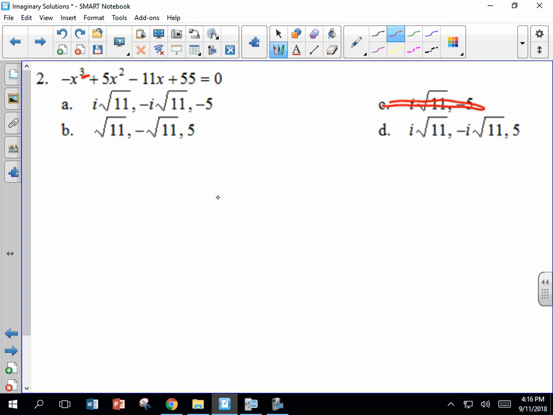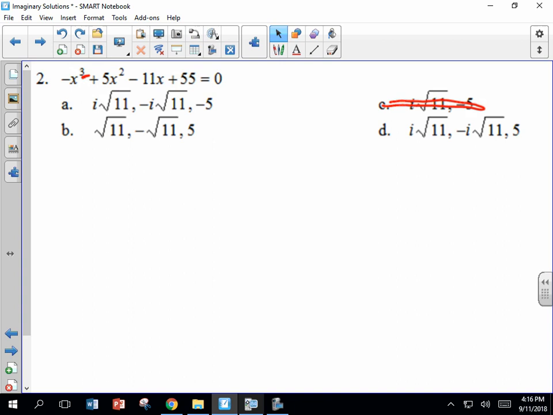D has 3. Now, some of you may be saying, B doesn't have an i, so that can't be the answer. That's not true. We're looking for 3 real or imaginary solutions, so they could all be real, they could all be imaginary, or it could be a combination of imaginary and real solutions. Don't just assume that because it's all imaginary or all real, that's not an answer. That could very well be the answer.